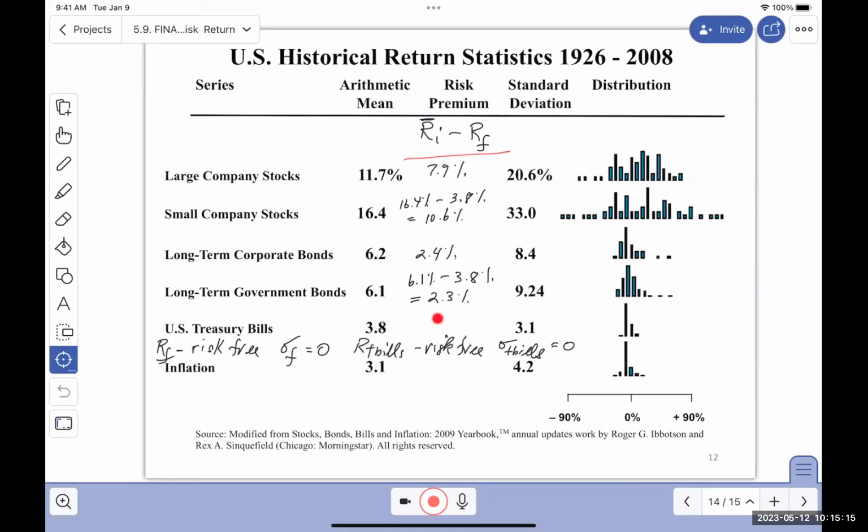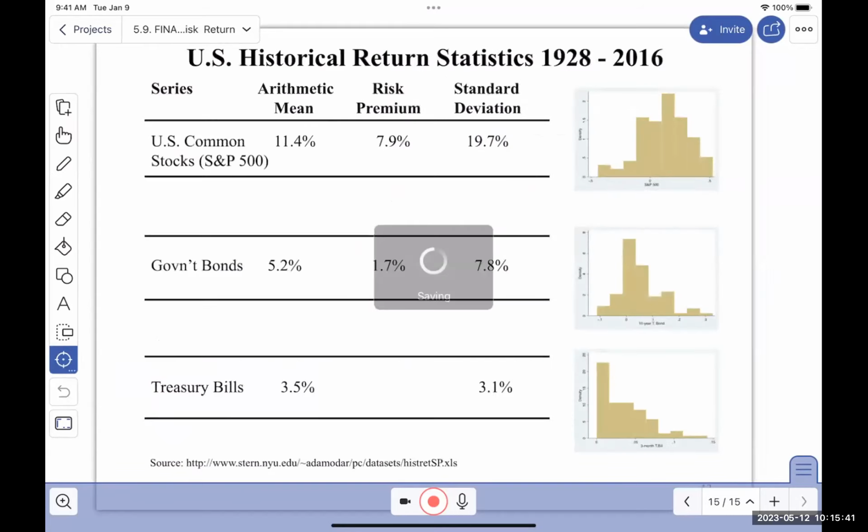You guys listening? These are lower than stock, and their risk is also lower than the measure of risk for stock. So we expect the low return on debt and the low risk on debt. So the beta is actually close to 0.